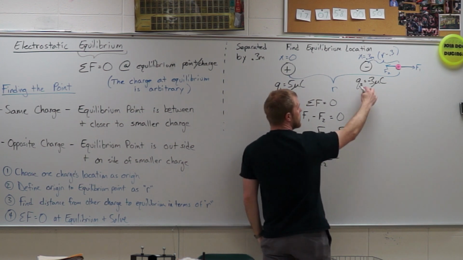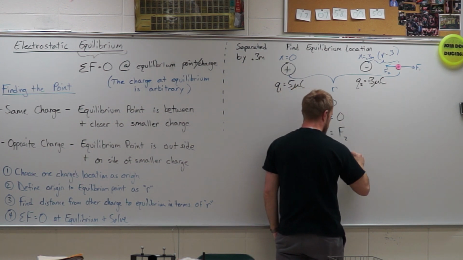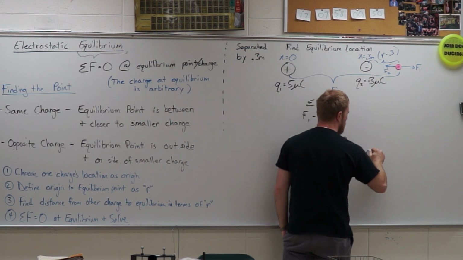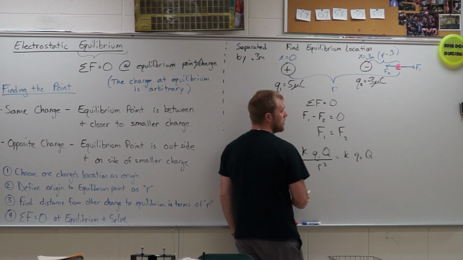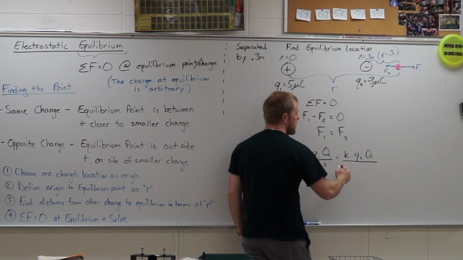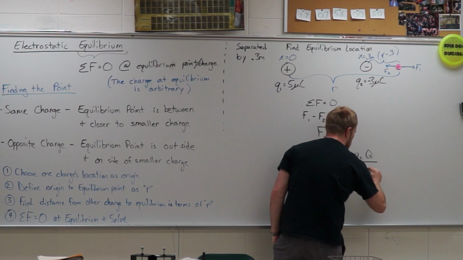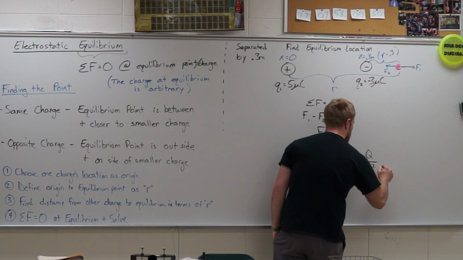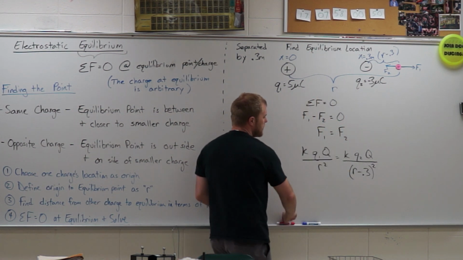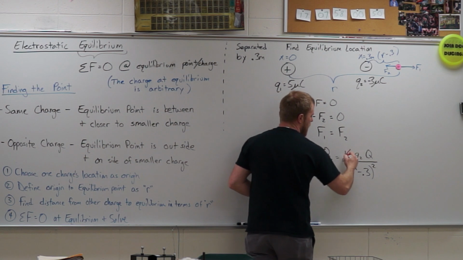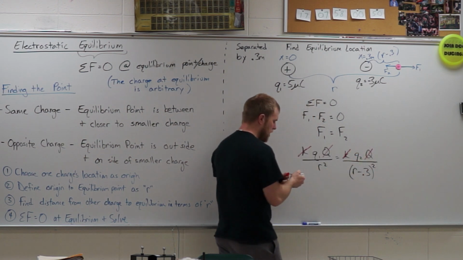My second force is going to be involving charge 2 and this one. So it's K times Q2 times my charge at my equilibrium point divided by their distance squared, so r minus 0.3 squared. And what we see here is that the K's cancel and the Q's cancel.